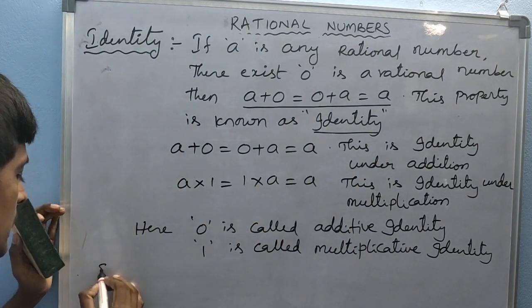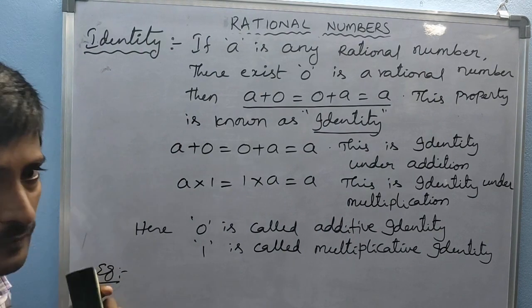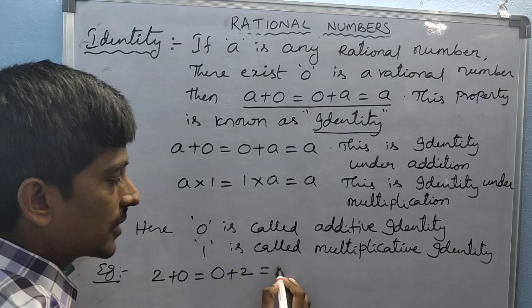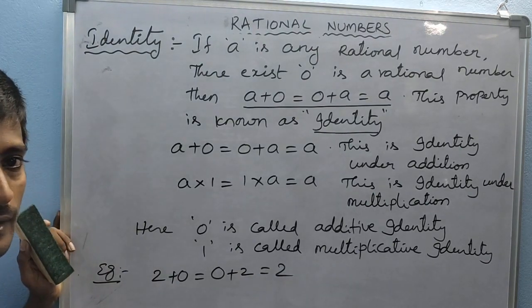For example, 2 plus 0 equals 0 plus 2 equals 2.